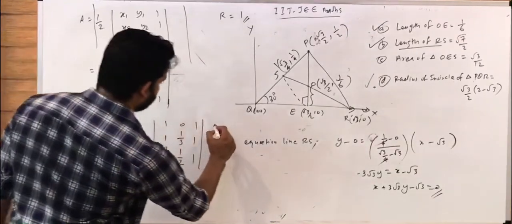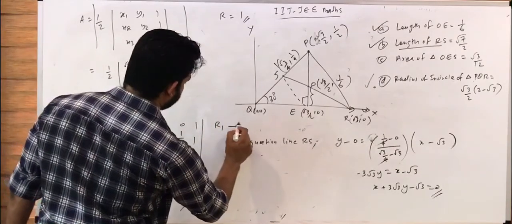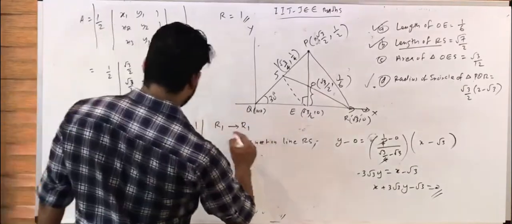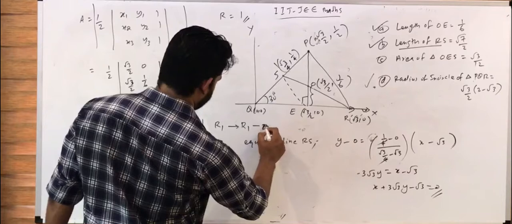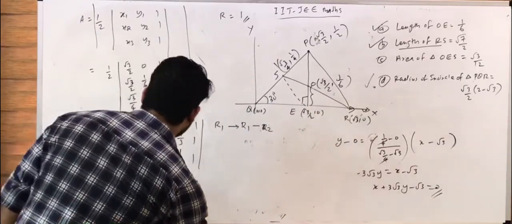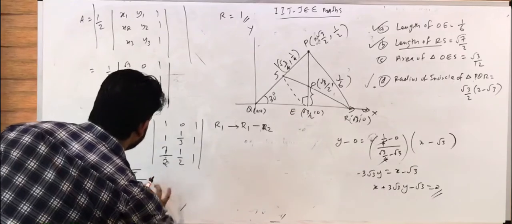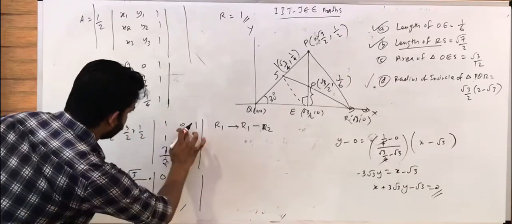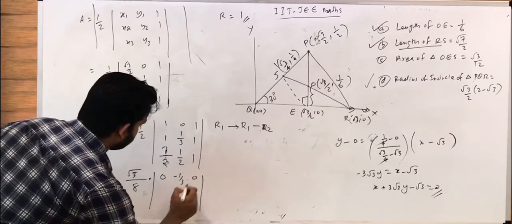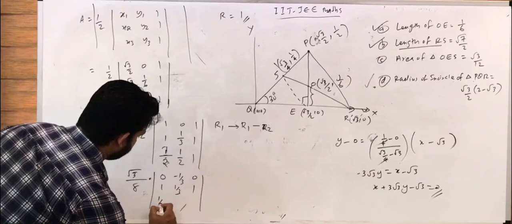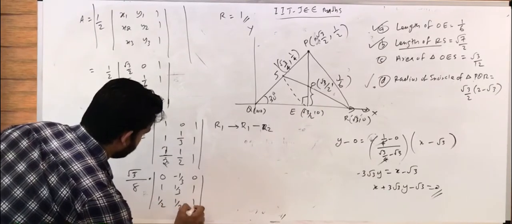If I do the operation R1 changes to R1 minus R2, then this determinant will become 1 minus 1 0, 0 minus minus 1 by 3 0, 1 1 by 3 1, 1 by 2 1 by 2 1.